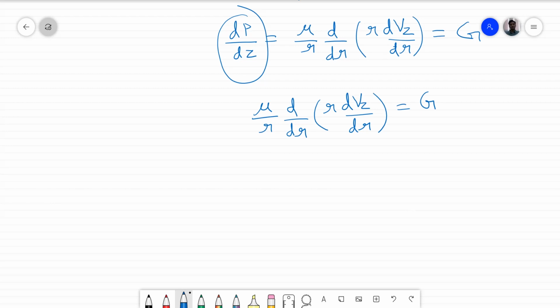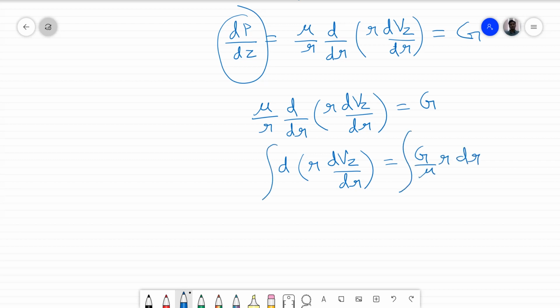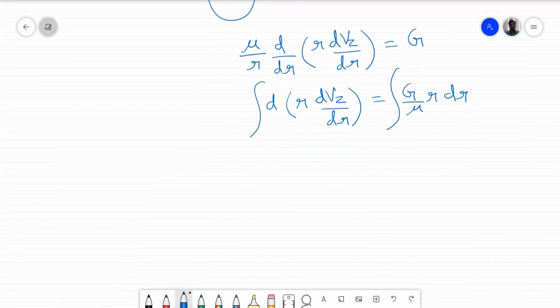Let us do that. So d/dr of r dVz/dr equal to g by mu r, integrate. This will give r dVz/dr equal to g by mu r square by 2 plus some constant c1.